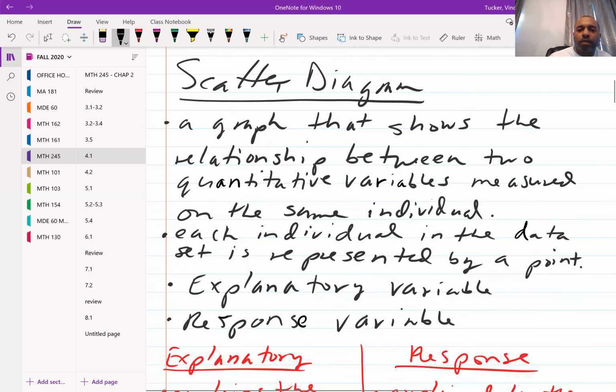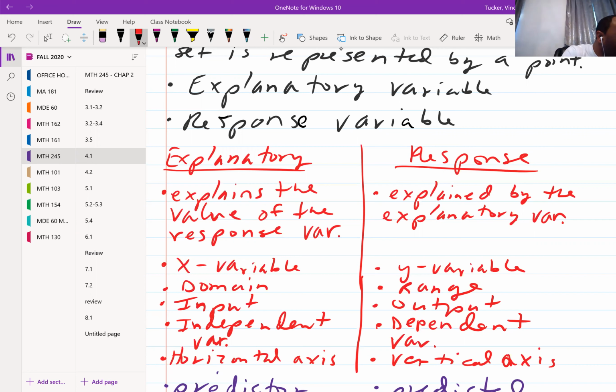Your explanatory will be your horizontal axis. Vertical axis will be your response. And what's really going to be big for us is the predictor versus the predicted.